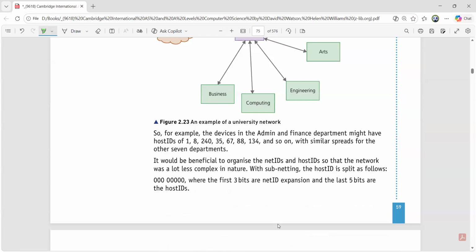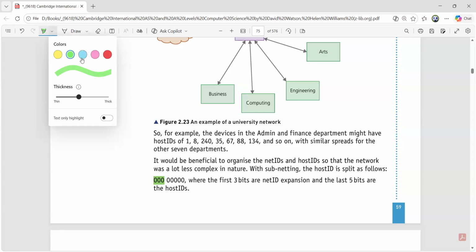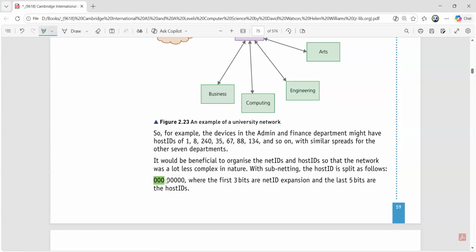It will be beneficial to organize the net IDs and host IDs, so the network is a lot less complex in nature. With subnetting, the host ID is split as follows. You can see here, this is where the subnetting is happening. Now I'm using a different color coding to help you understand better.